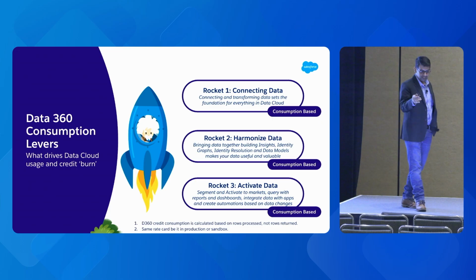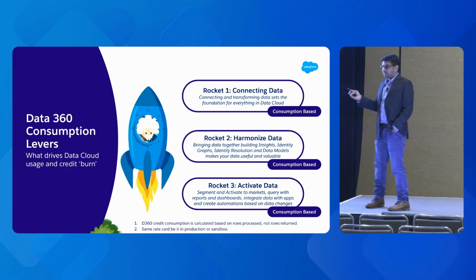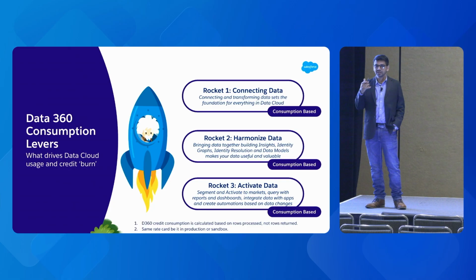So before I jump on to that, I just wanted to call out that it's very clearly documented in the Data 360 documentation. The consumption is calculated in terms of rows processed. It's just a function of rows that exist, the storage that exists. It's not the number of rows that's an output.